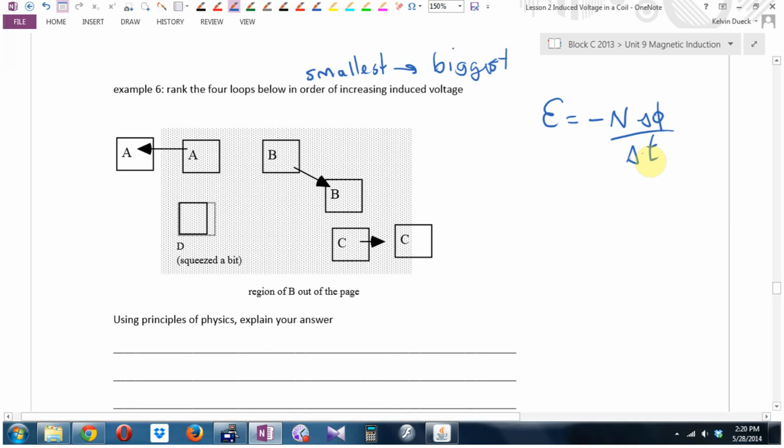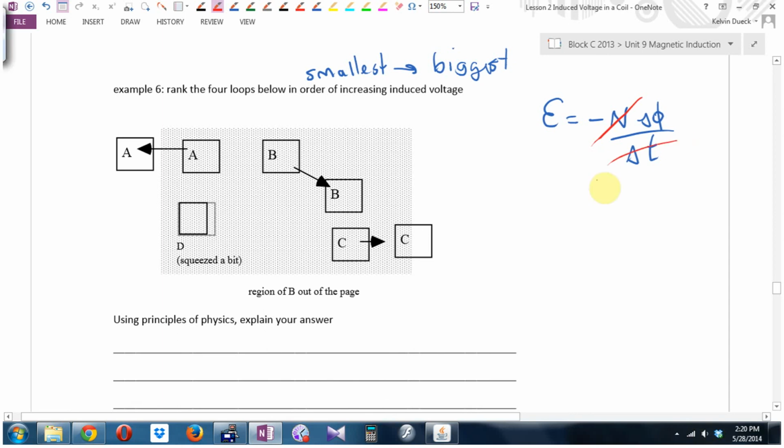Which of these will have the smallest induced voltage? Well, first of all, these are single loops, so I'm going to ignore the N because it's 1 for all 4 of these. And I don't see that they've mentioned time anywhere, so I'm going to ignore that.